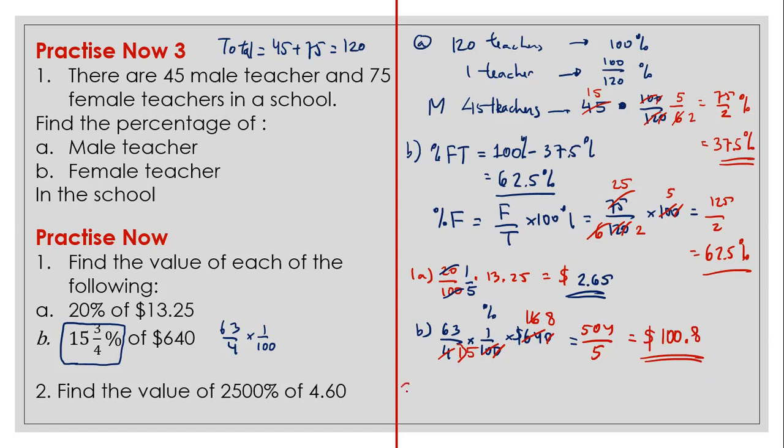How about 2? 250 to 2500, or 2500% again over 100 times 4.6, right? Simple. 25 times 4.6. Okay, you will get 115. What is the unit? Okay, just let it be no unit because the question doesn't have a unit. Okay, that's for practice.